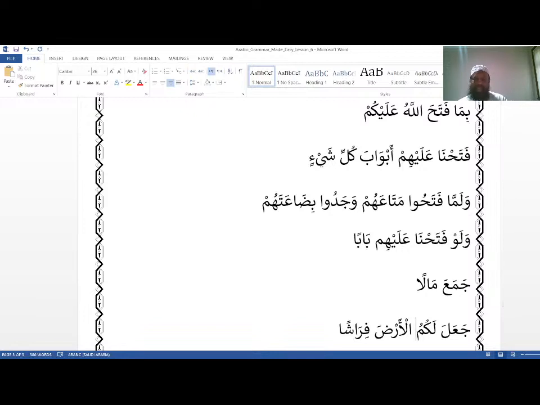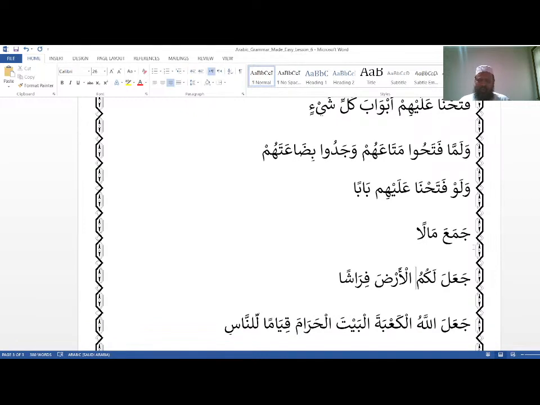Or he made the earth a bed for you. Either way is okay. But because we are learning, let's translate word to word. Ja'ala, he made, lakum, for you, the earth as a bed.